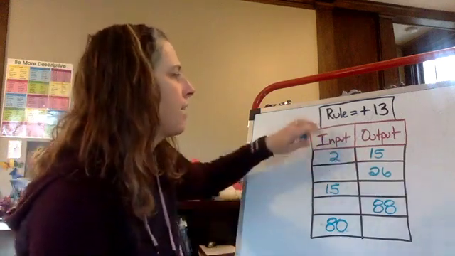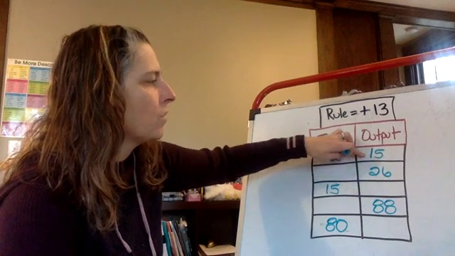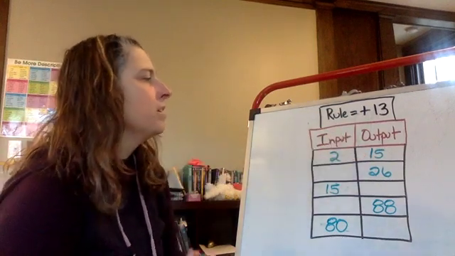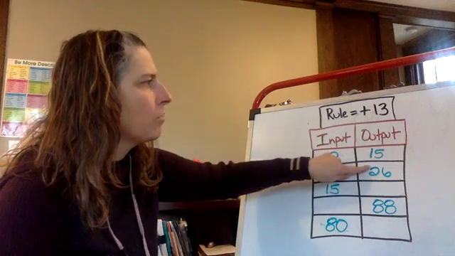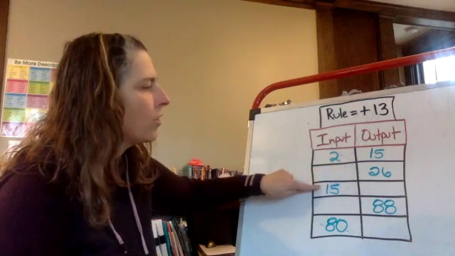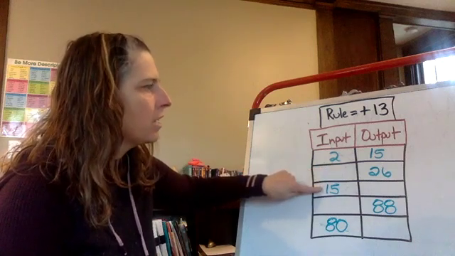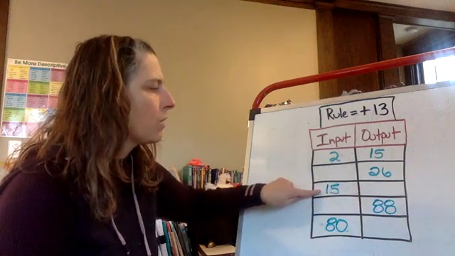If I have 2, I need to add 13, and that would give me my output as 15. Next, I have an output, but I don't have an input. I'll come back to that in just a second. Here I know I have an input, which is 15, but it wants me to apply the rule and find the output. So I'm going to do that right now.